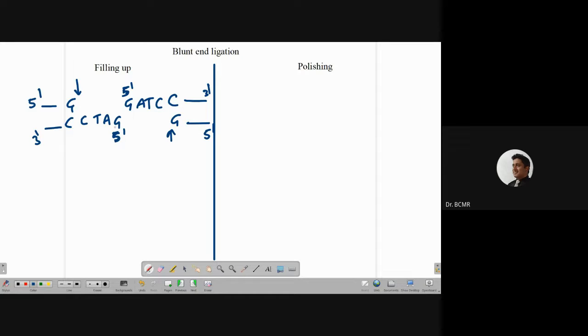So what we have now is something that can be used to, this will be the 3' OH, and DNA polymerase can be added, and then that DNA polymerase could fill up the gaps, GATC, GATC.